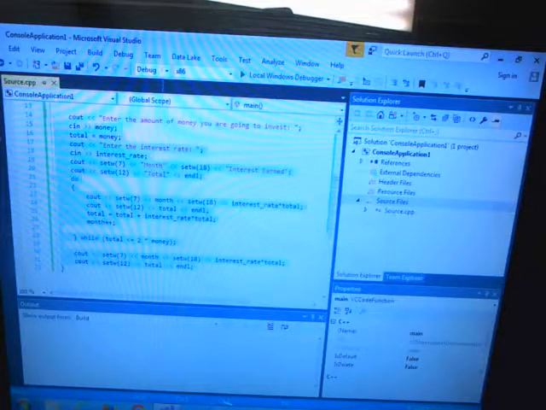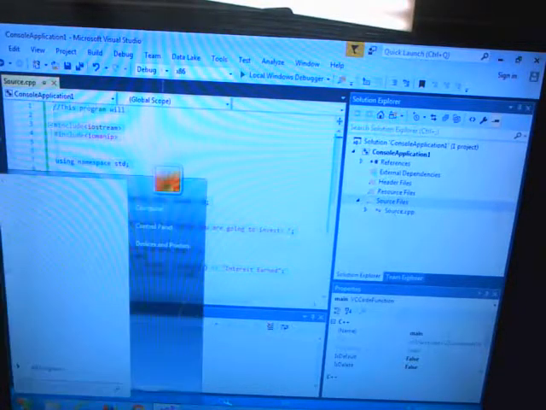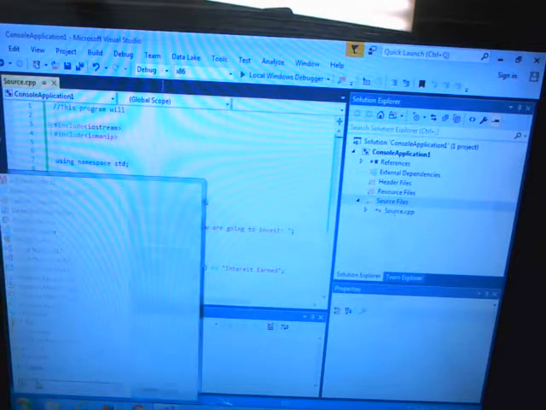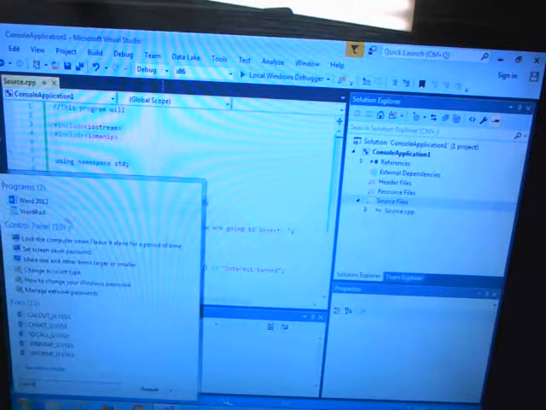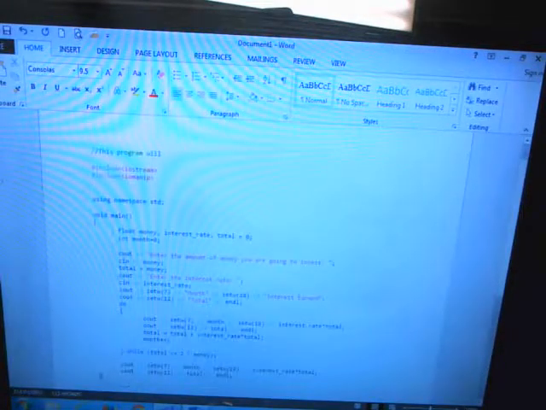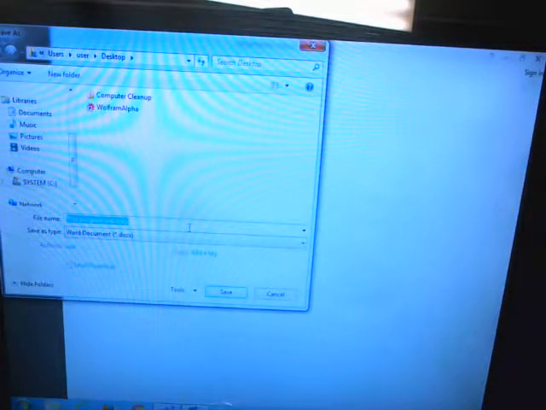All right, so let me save this program and then we'll start a new one. This was money double.